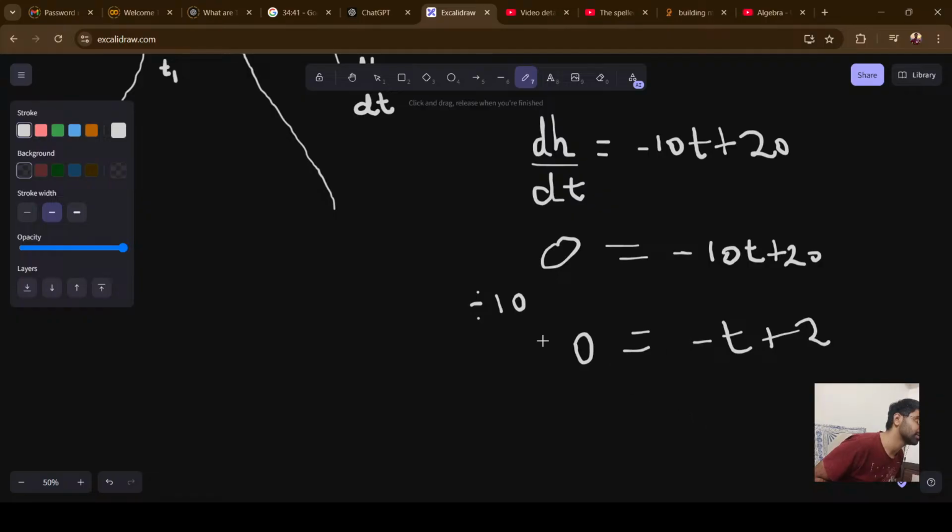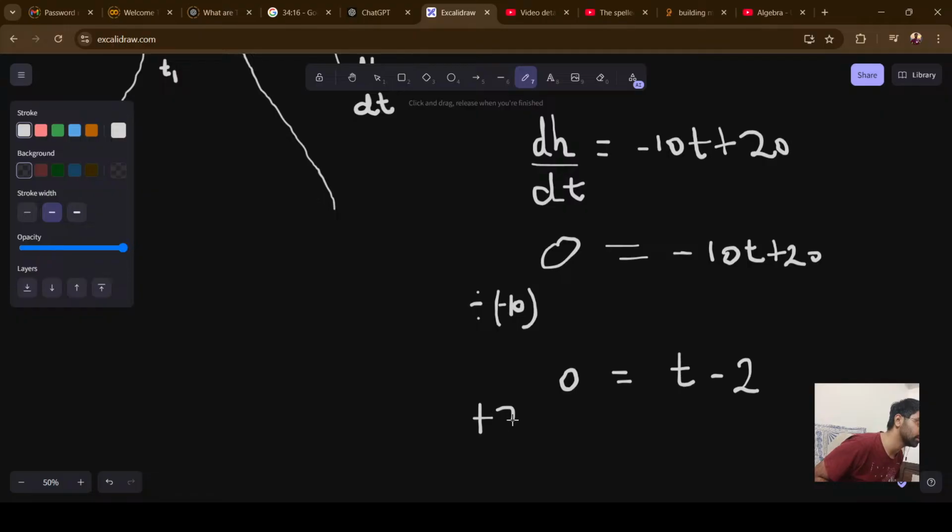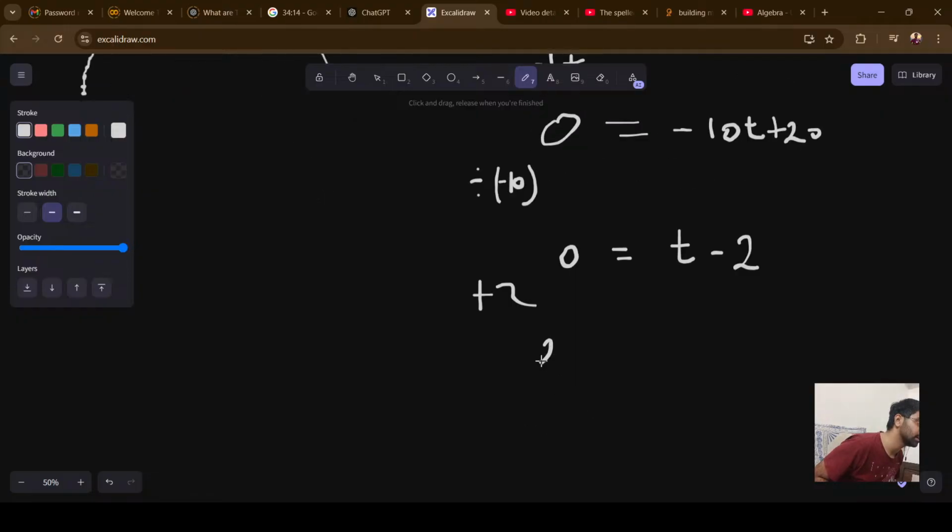Remember minus 10, it should be minus 10. Dividing by minus 10, this will give me 0 equals t minus 2. So if I add plus 2 on both sides, I get t equals 2.